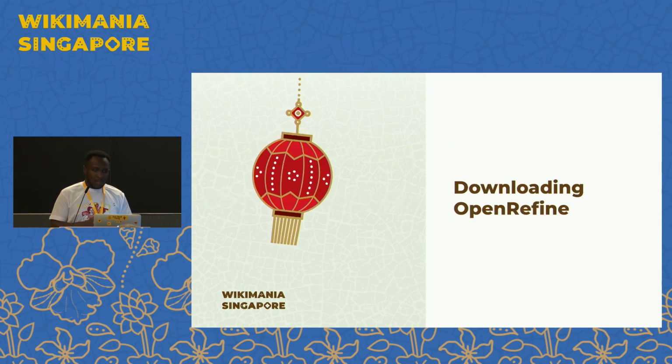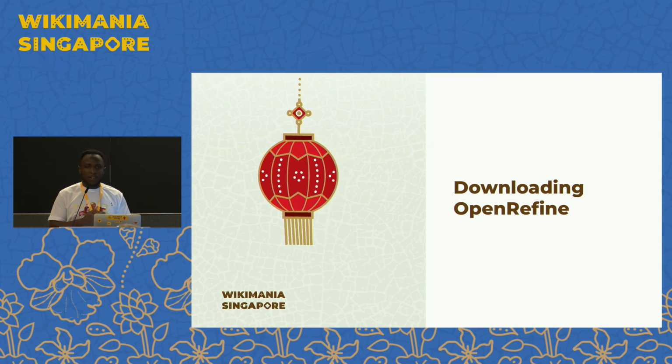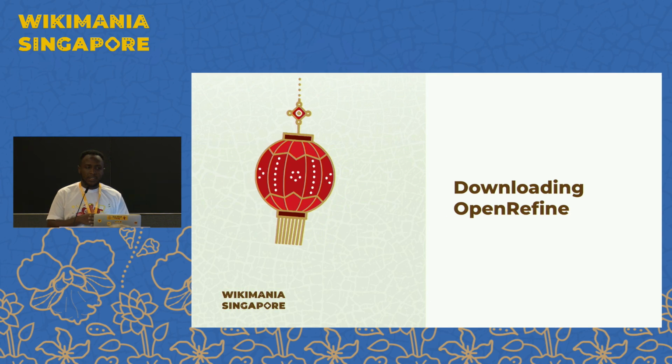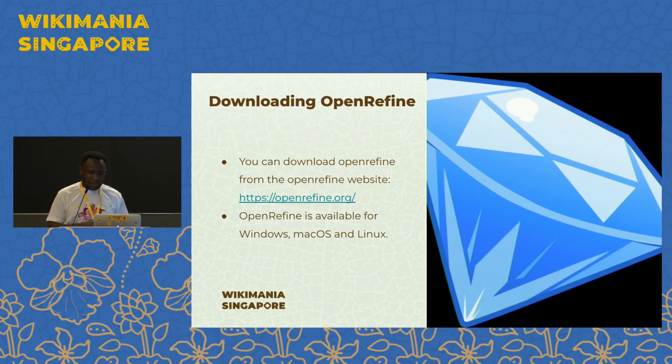Good. With the process of getting your OpenRefine software downloaded and installed, first we have to go through the process of downloading OpenRefine. In order to download it, we can visit the OpenRefine web page or directory based on the specification, the kind of operating system that you have.